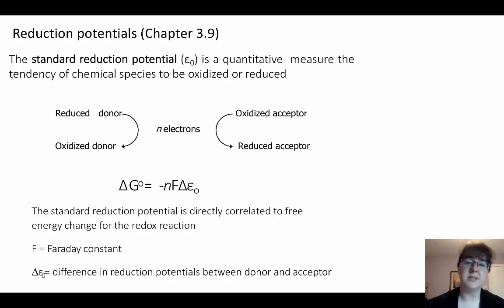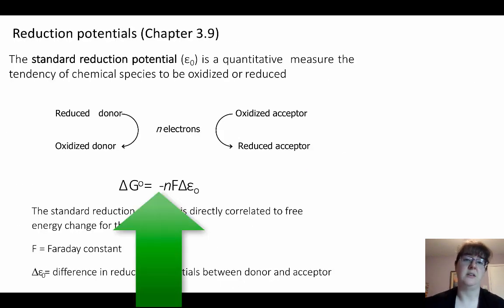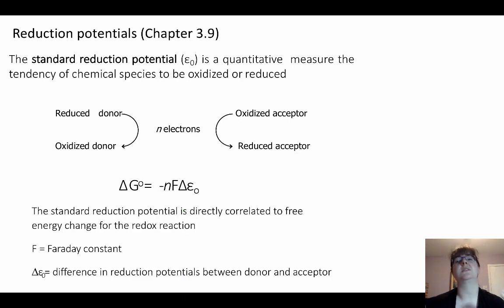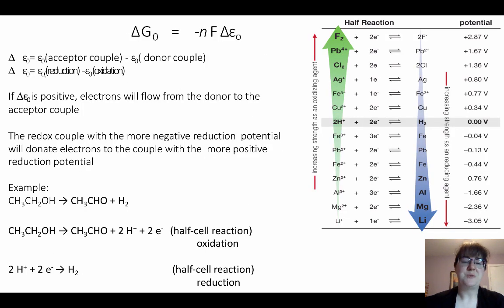If you'll notice back from this slide, there is that negative sign. So realize that when we have a negative standard free energy, that's usually an indication that something will drive itself forward. Because of that negative sign, it's going to be a positive change in standard reduction potential that will drive the reaction forward.